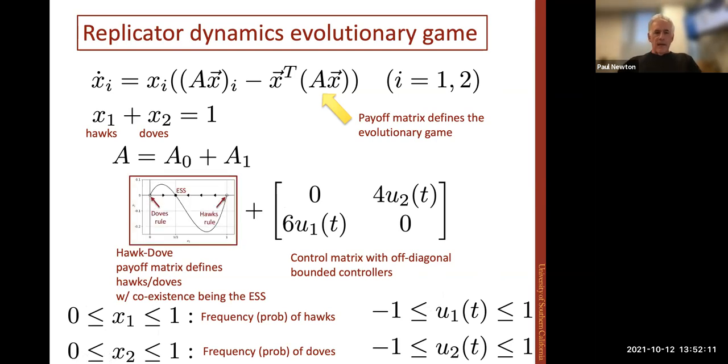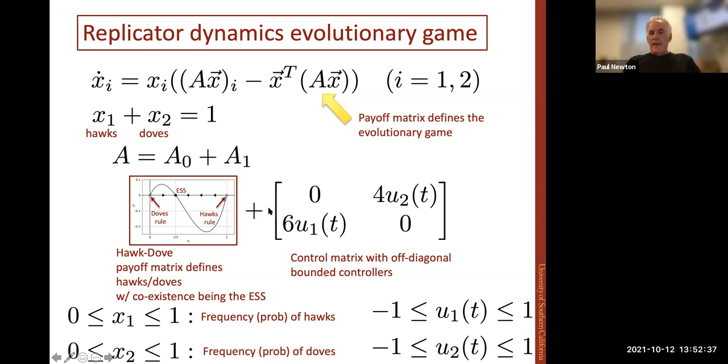And the baseline model is a hawk-dove evolutionary game, which means that there's an intermediate fixed point of that system, which is asymptotically stable, which means that the hawks and the doves in this game, if there were no controller, they would gravitate towards some coexistence. Neither one of these populations is going to dominate because those are both unstable fixed points.